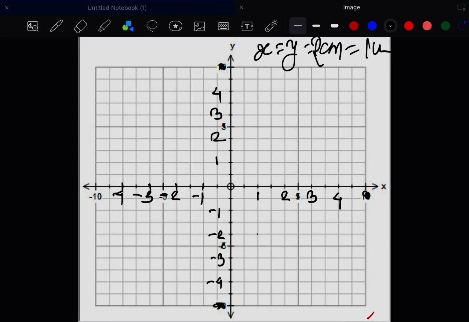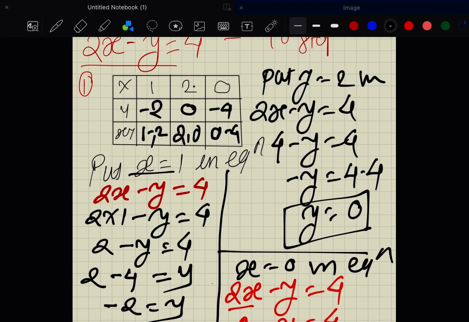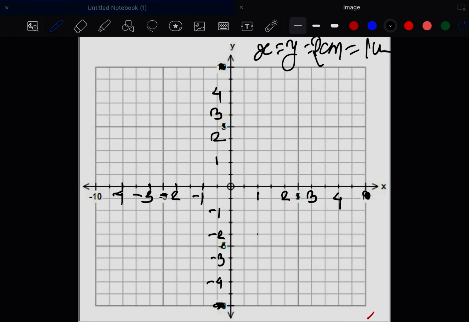So your point is here. Now let's move to the second point, 2, 0. 2 is here, 0 is here. So 2, 0 means your point is here.